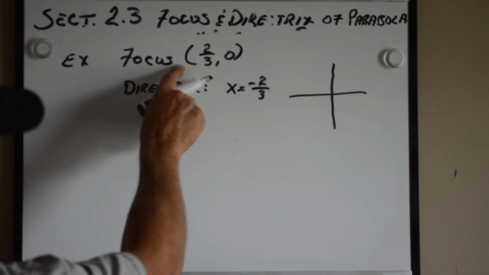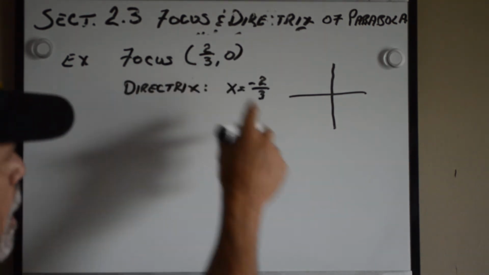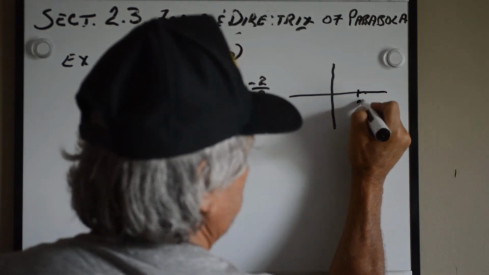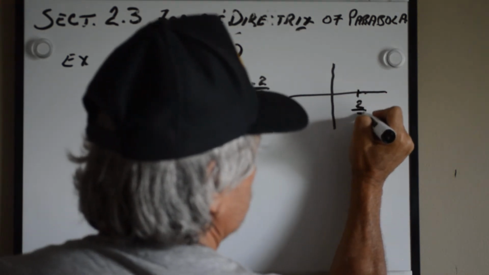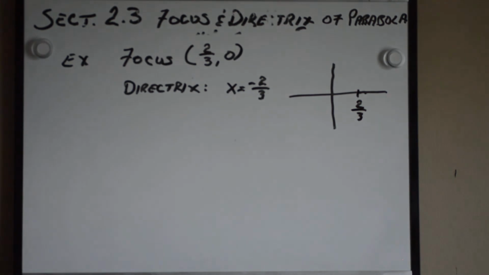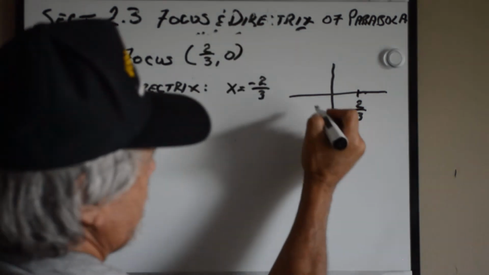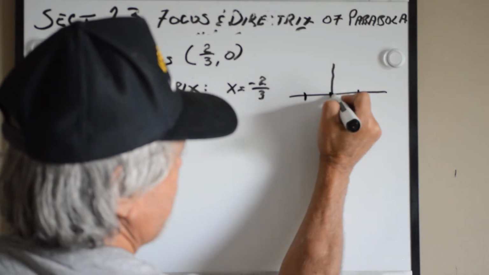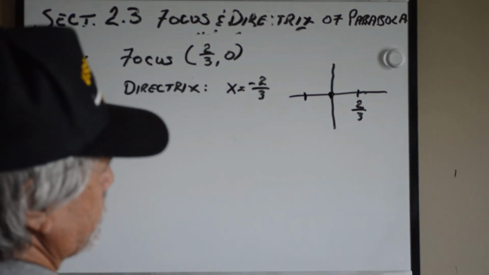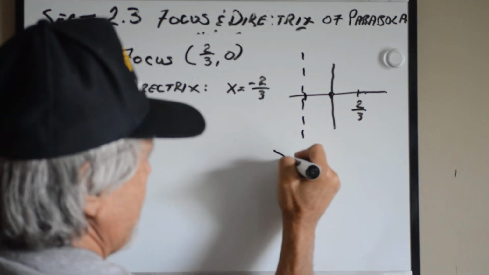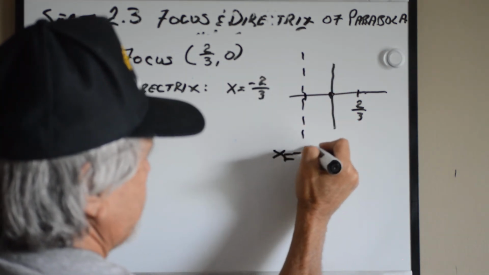Focus is 2/3, 0, x, y. So that tells me I go out in the x direction. That is 2/3. My directrix, x equals, it's going to cross the x-axis the same distance from my vertex, which is still at 0, 0. And the directrix is the line x equals a -2/3.